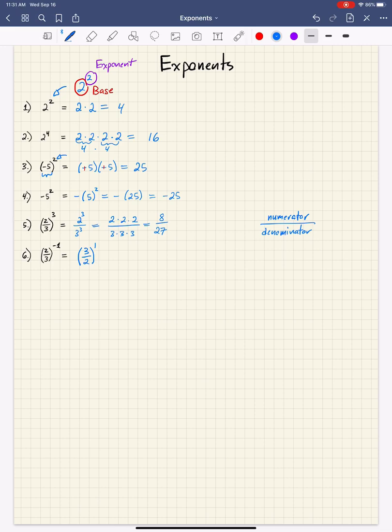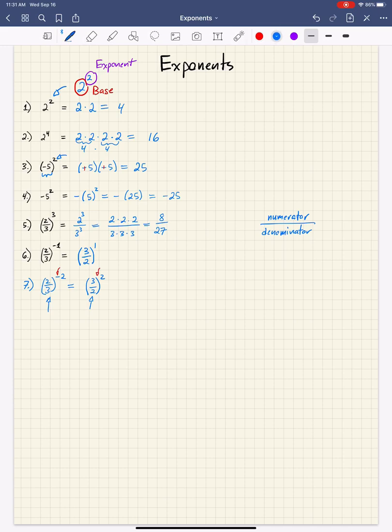So let's do a bonus problem. Let's say problem 7. Say you have 2/3 to the power of -2. That's the same as saying 3/2 to the power of 2. Because when you flip 2/3 and turn it into 3/2, the exponent goes from negative to positive.